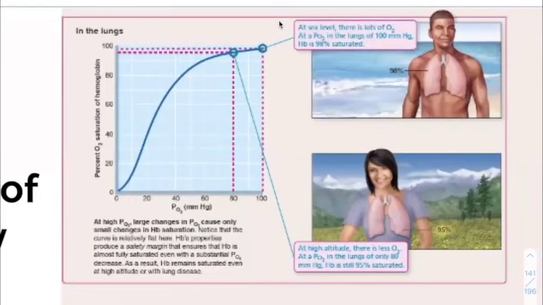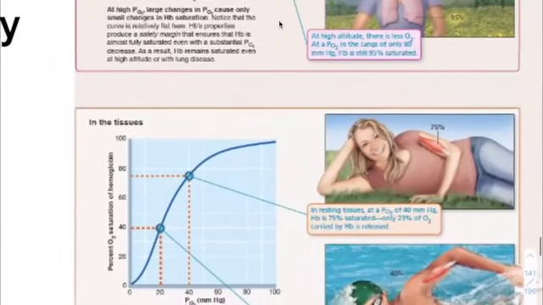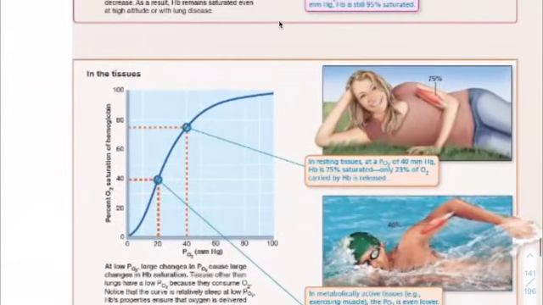Because our hemoglobin is about 98% saturated at sea level, only about 95% saturated when you're at a high altitude, or when you're at rest versus when you're exercising. If you're not doing anything, you're laying in bed, we only release about 23% of the oxygen that is being carried around in our blood.